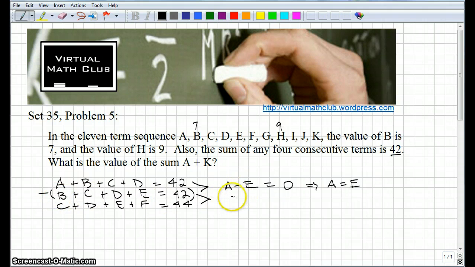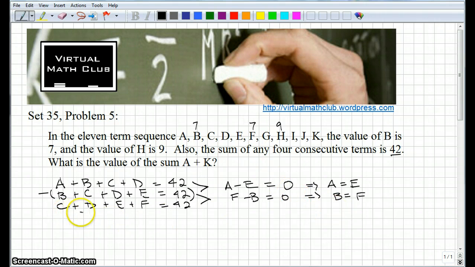That tells us F minus B is equal to, whoops, I wrote 44, I meant 42, so I'll change that. 42 minus 42 is 0. So what does that tell us? It tells us that B is equal to F. And we already know that B is equal to 7, so F has to be equal to 7. We can pencil that in.